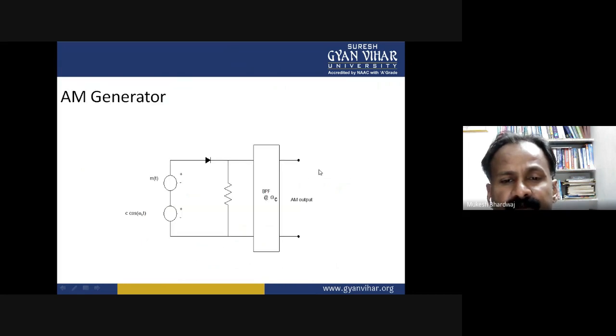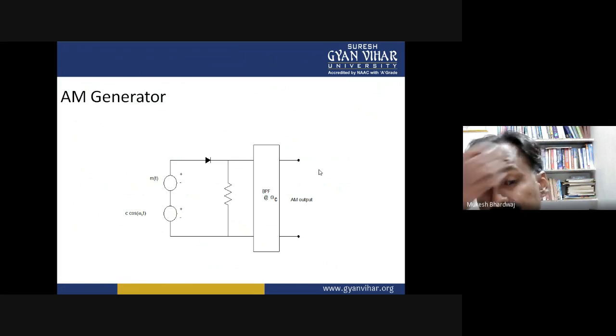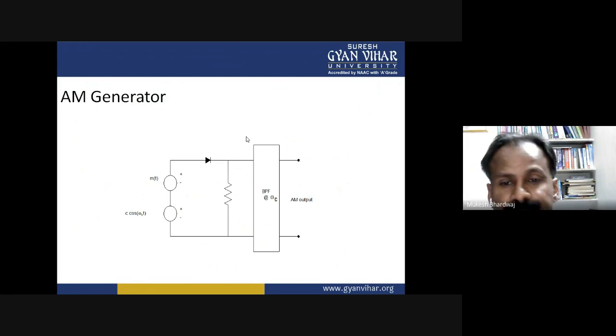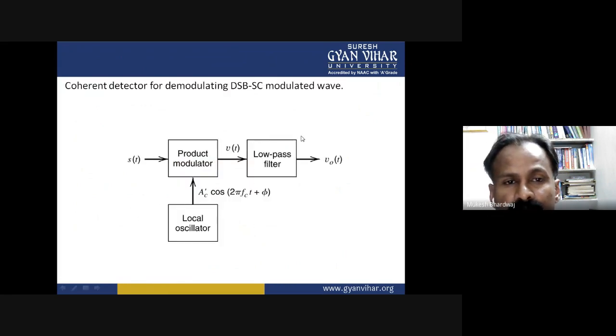Now the AM generator: this is the amplitude modulation generator diagram, showing how AM signals are generated. Coherent detector for demodulating a double sideband suppressed carrier modulated wave.